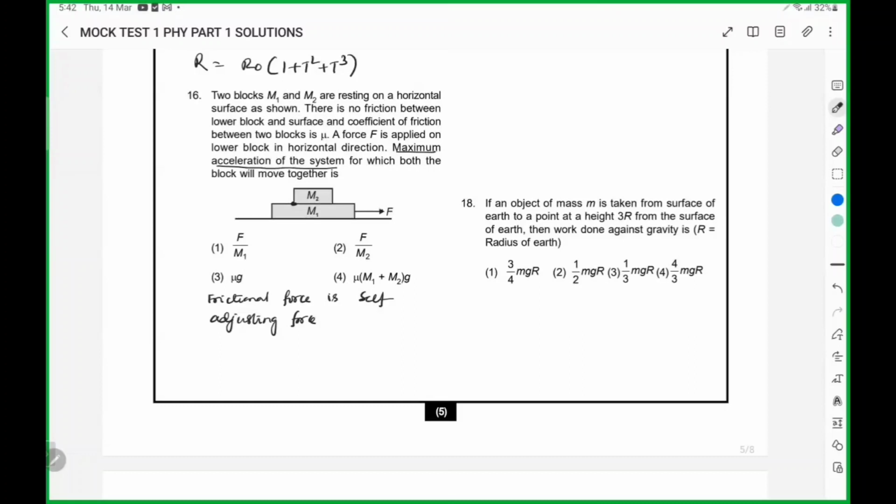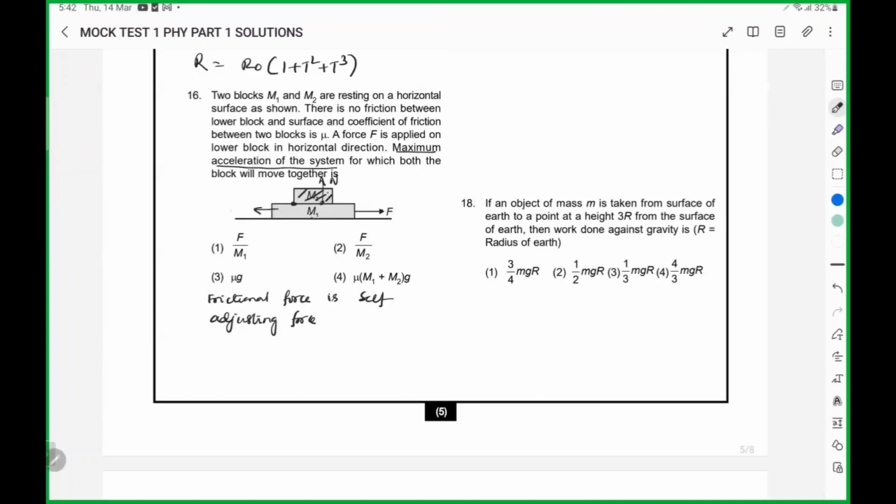If you apply a force, because friction exists between these two blocks, block M2 will not allow block M1 to move in the forward direction. Here between them, there is a normal reaction. So this opposes relative motion.